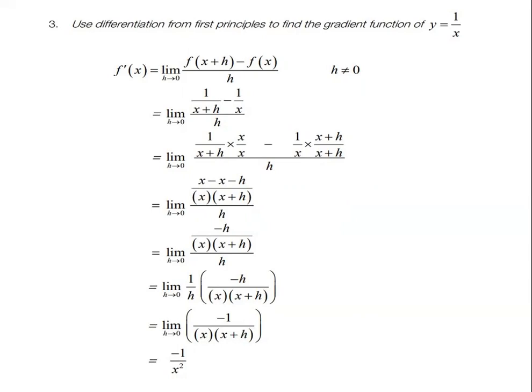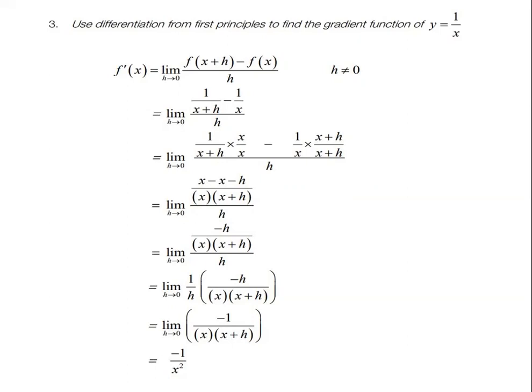And this particular author makes use of this technique where you multiply both numerator and denominator by x over x, and here x plus h over x plus h. The whole idea is to simplify this numerator here. Again, if you were to check your algebra, you will see that the denominators will now become the same.